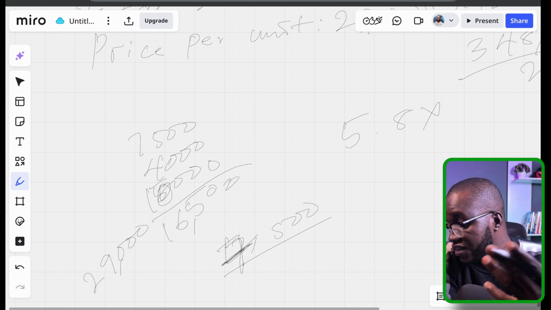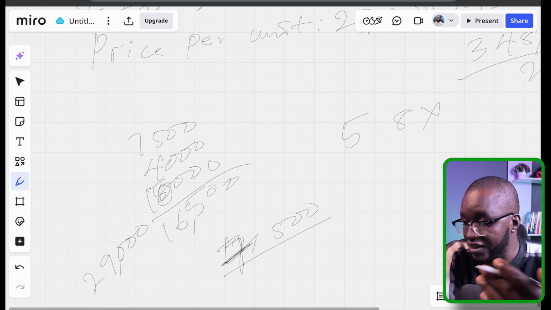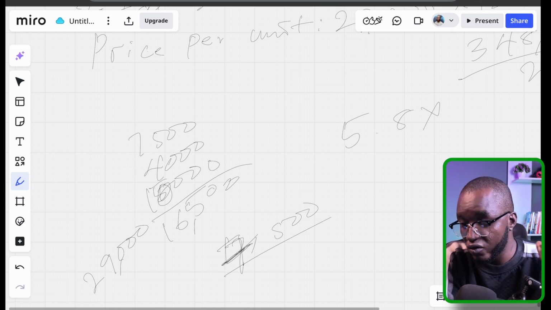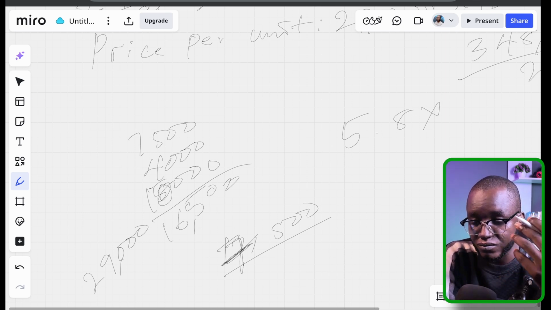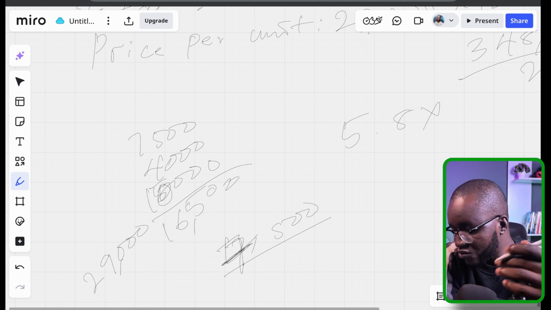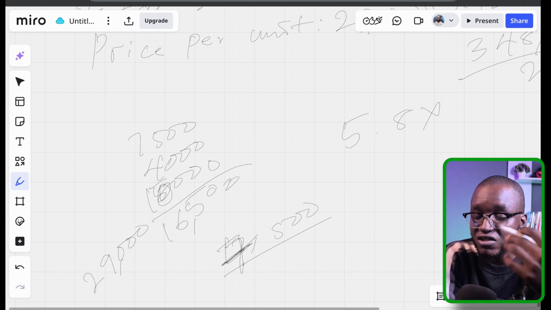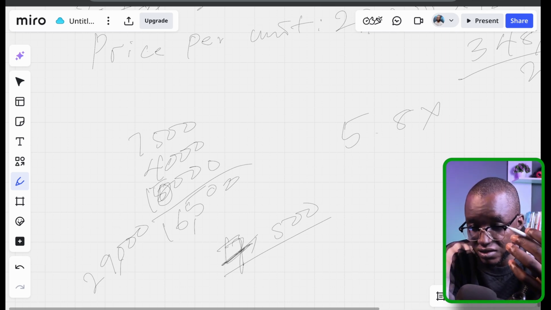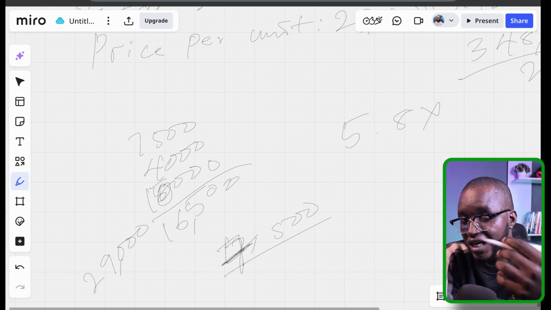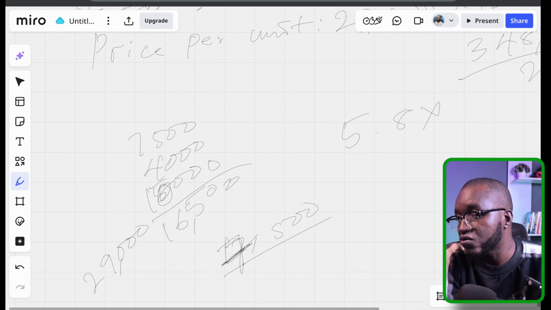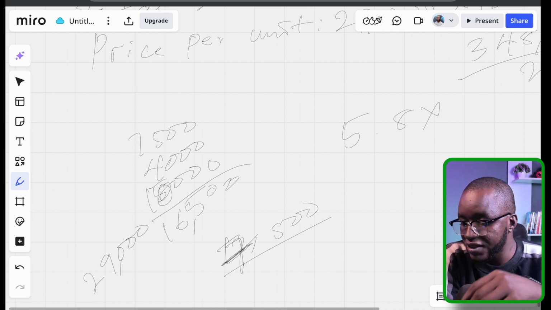So basically that is how you can test and validate. There are other metrics you can look for, but I don't want to go into them because the video is already too long. The most important metric you want to look for is going to be ROAS. And when you are looking for ROAS as someone running an e-commerce business in Nigeria, you have to factor in the fact that this is payment on delivery.